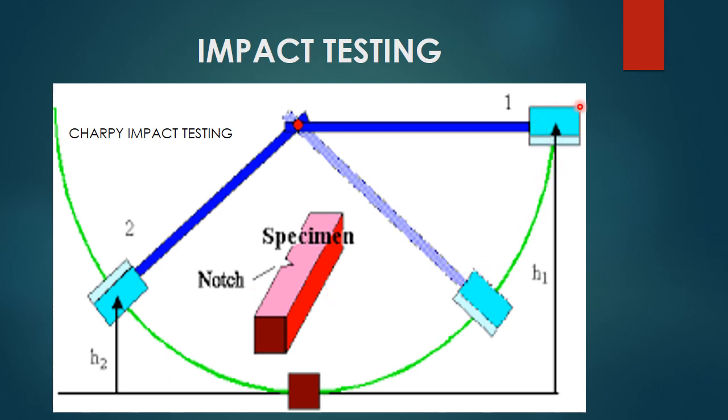The striking load of known weight is held and then allowed to hit the specimen. When the load hits, the specimen breaks and the load rises to another position. The difference in height is taken for our calculation. H1 minus H2 times the weight of the hammer will give you the fracture toughness of the steel.